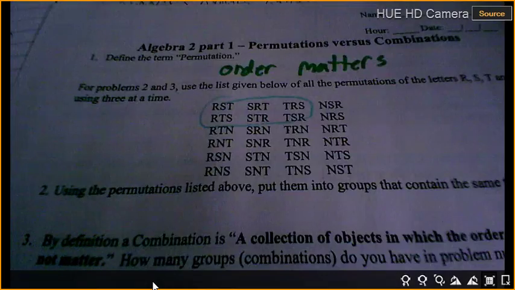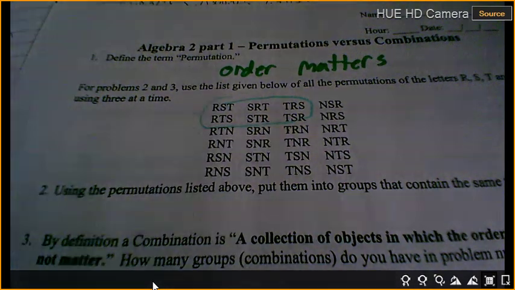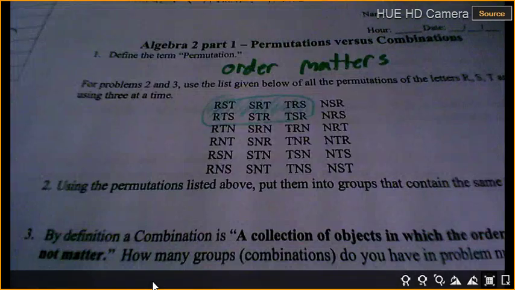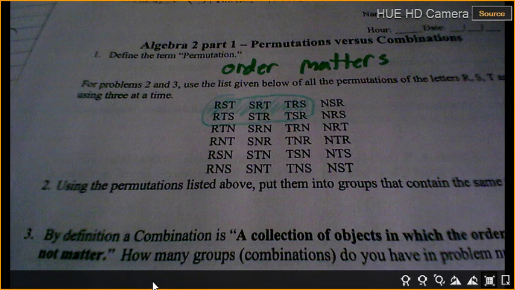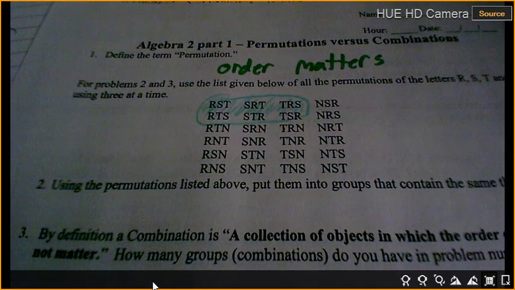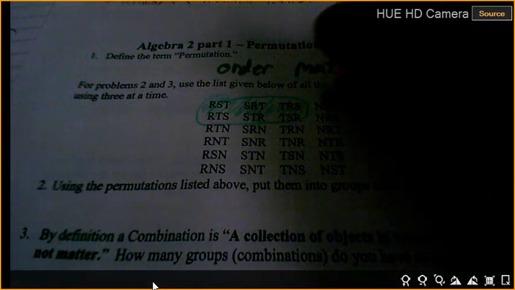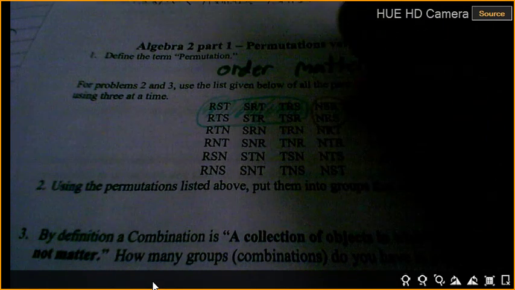RST. So these all have R, S, and T in them. Do we agree? Those 6 at the top? So these, that group. Okay? This group right here, I want to do N, S, and R. So this has N, S, and R. That has N, S, and R. Where else?